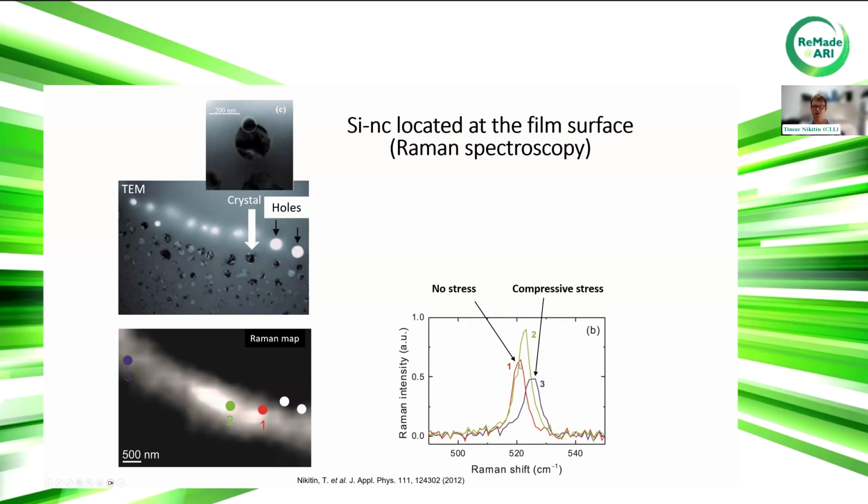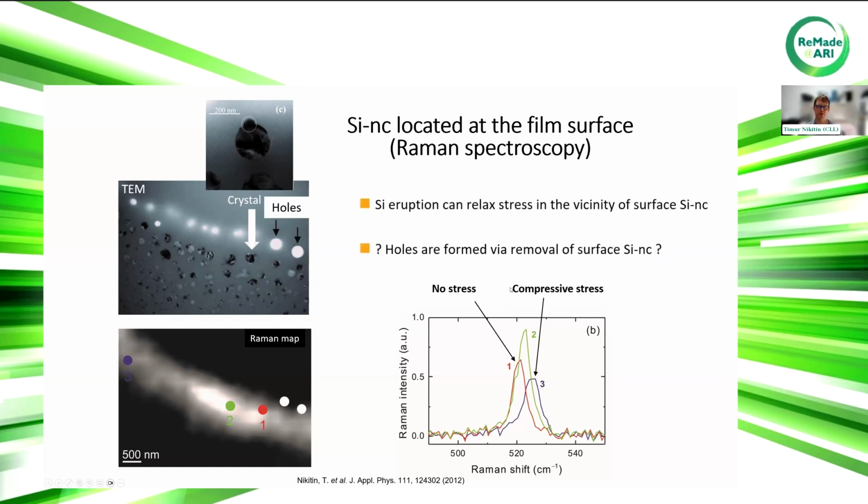Here we notice that the Raman shift is different for all these three regions. The Raman shift at about 520 corresponds to the unstressed silicon nanocrystals. And then the further we go from the holes, or actually we found this whole crystal region where we have again very high compressive stress.